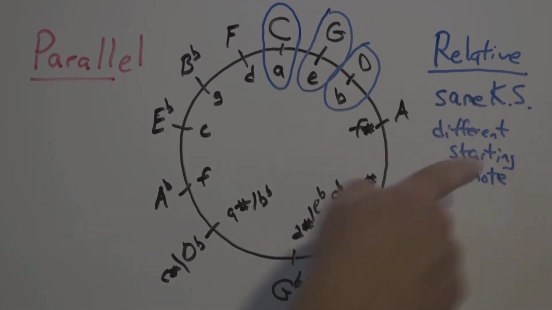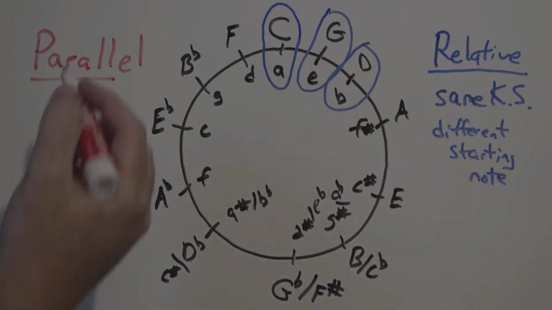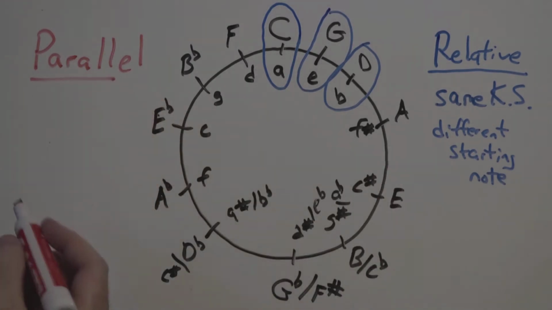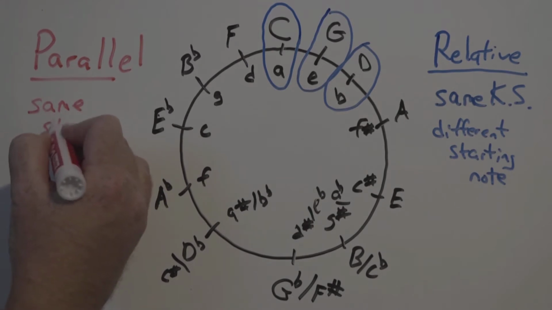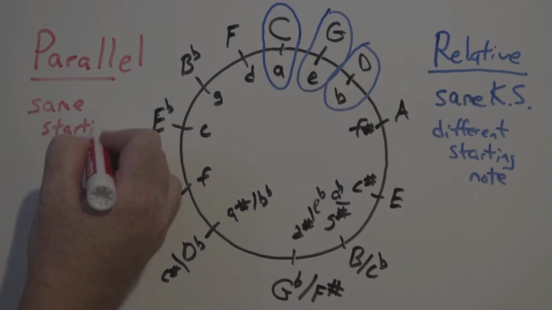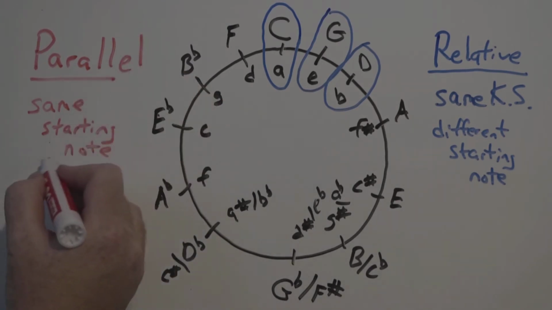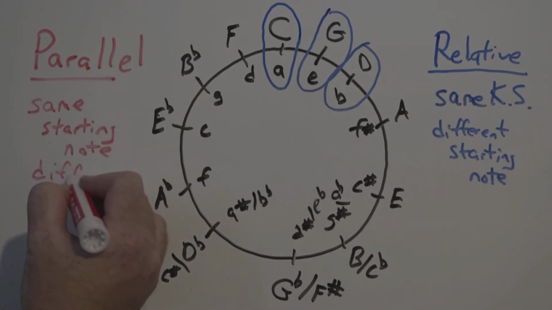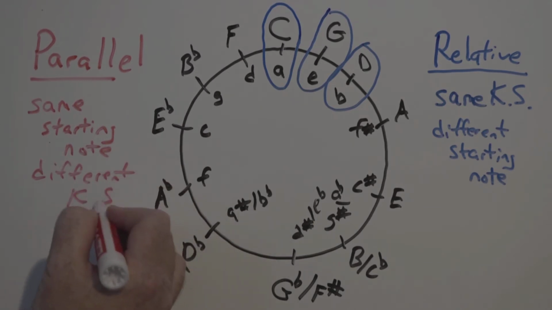So let's take those two, the same key signature and the different starting note, and reverse them over here for parallel. We have the same starting note, but a different key signature.